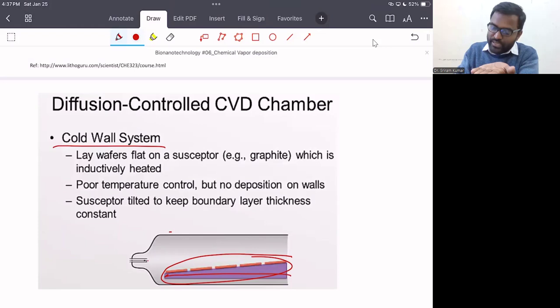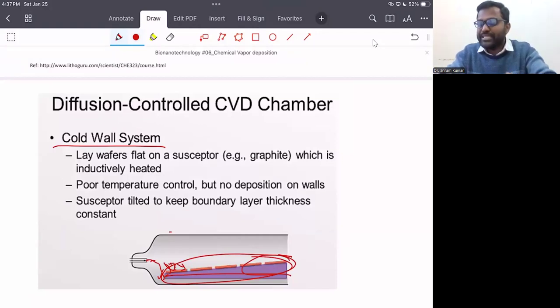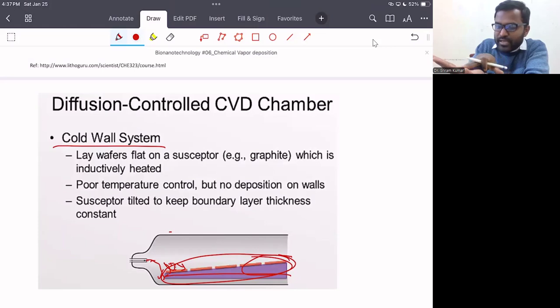There may be initial contact with the precursors, but the other surface does not get uniform concentration. In that case, you will have very poor deposition on the rest of the material. To improve the deposition, we need to tilt the system, so that when we pass the vapor through, we get uniform vapor surrounding the material, and then we get a uniform deposition.